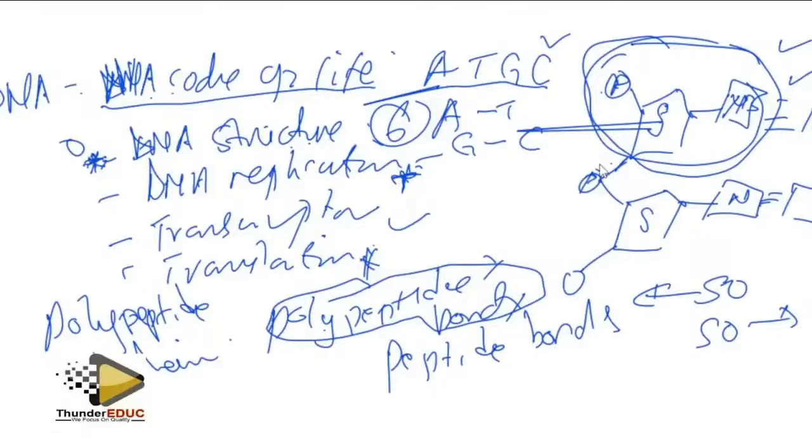Now as I'm winding up, there is one question they can ask you: what is the difference between transcription and DNA replication? In transcription, one strand will act as a template, while in DNA replication, the 2 strands will act as a template.